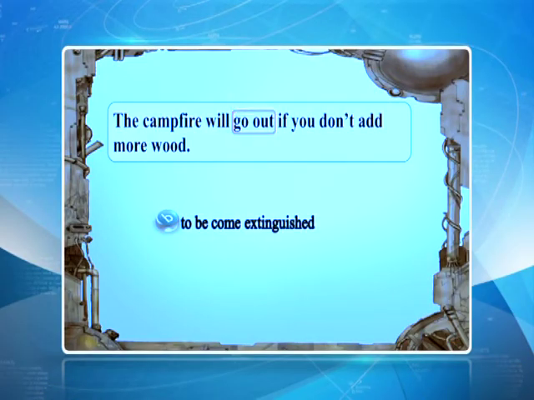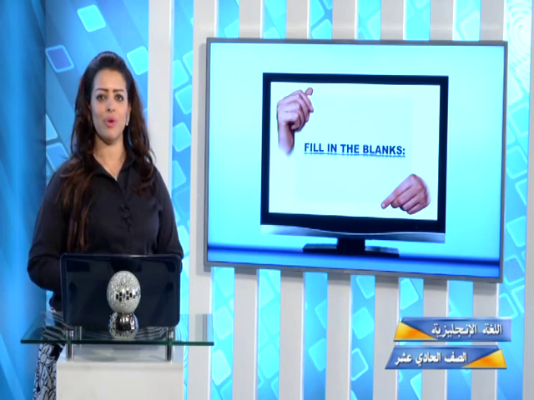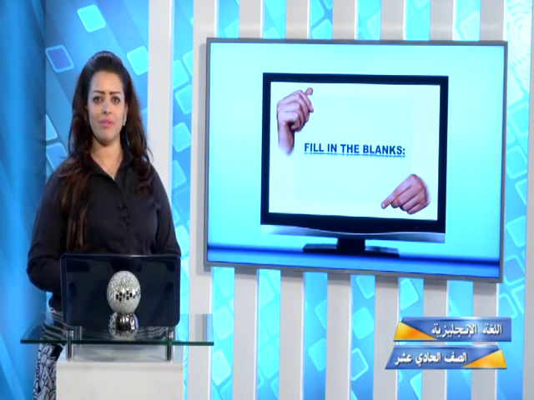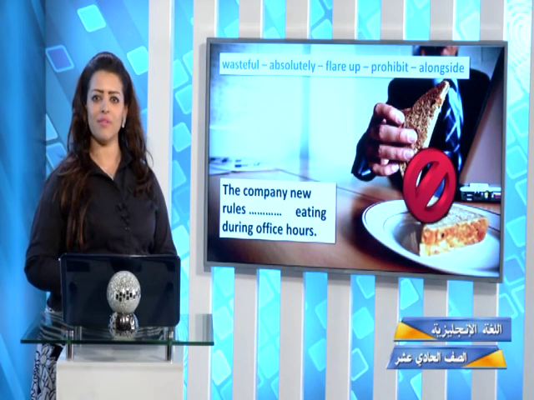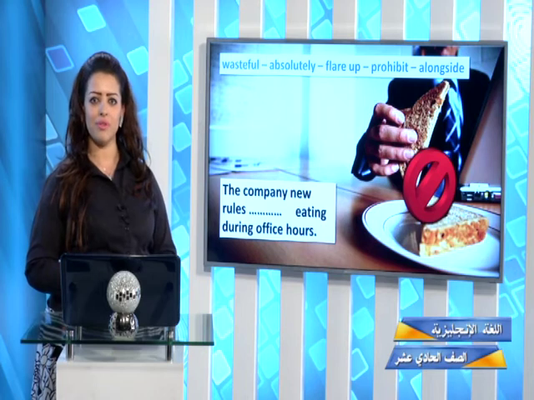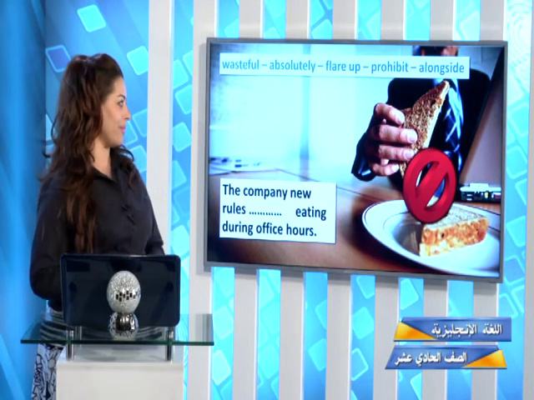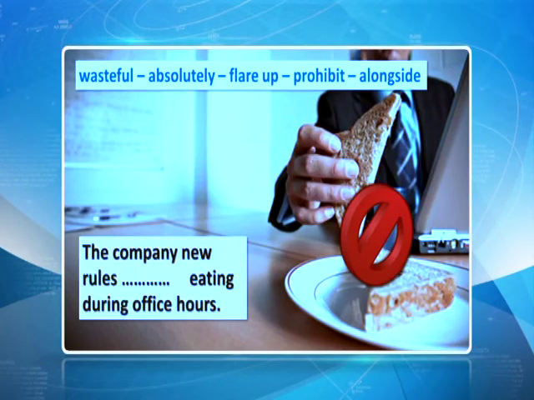Very good. Now we're going to move on with our third type of questions, which is fill in the blanks. We have words above and we have sentences. Try to choose the correct word. We have wasteful, absolutely, flare up, prohibit, alongside.